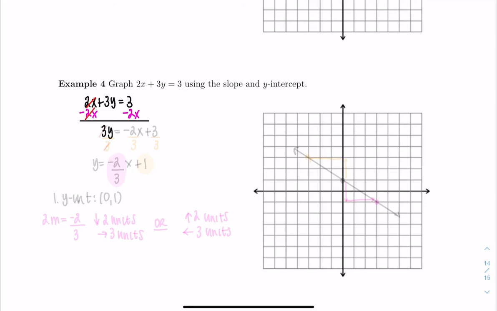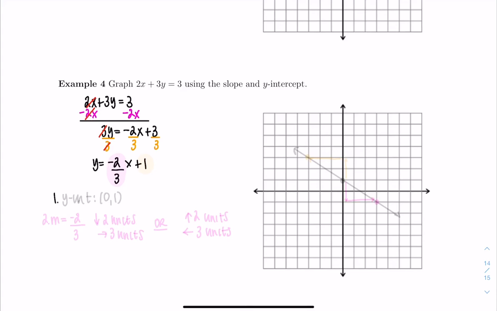So we have 3y equals negative 2x plus 3. And then we need to divide everything by 3. So we end up with y equals negative 2/3 x plus 1.